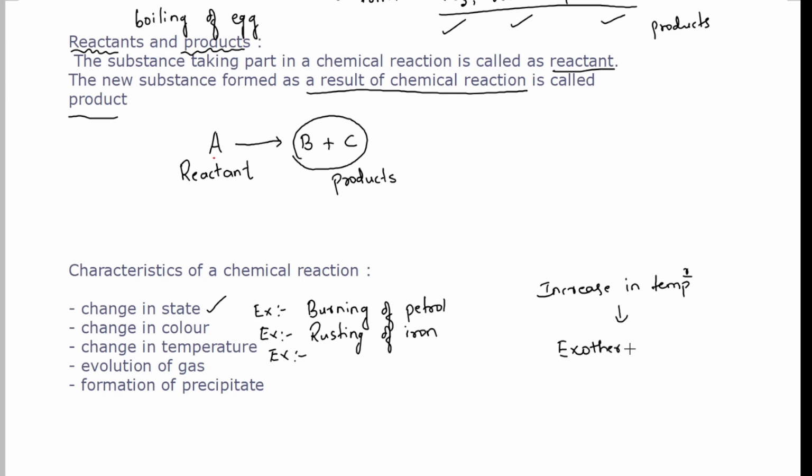In an exothermic reaction, there is an increase in temperature. That is, heat is released during the reaction. Or there may also be a decrease in temperature. We call such reactions endothermic reactions.